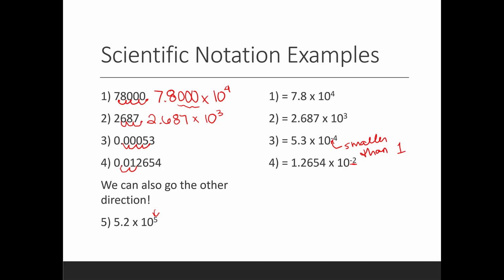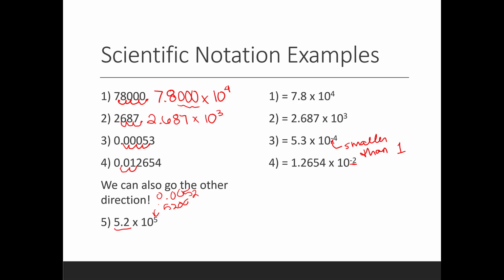So I need to add zeros at the end of this coefficient. Right? It could be 0.0052, it could be 5200, just as an example. If I wanted the zeros in front of the number, my exponent would have been negative. If the zeros are going to come after the coefficient, then that's why my exponent is positive.